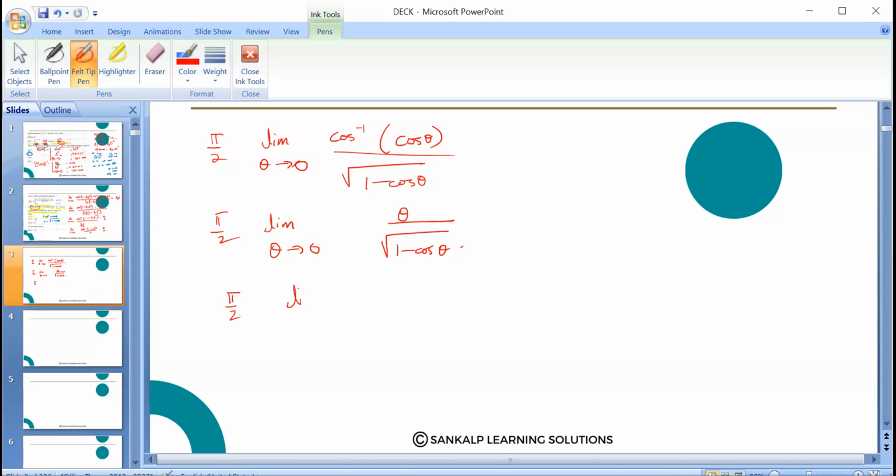Or limit theta, 1 minus cos theta. There is a formula. 1 minus cos theta can be written as 2 sin square theta by 2.